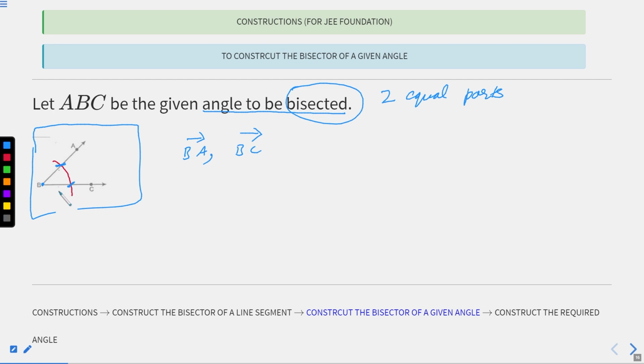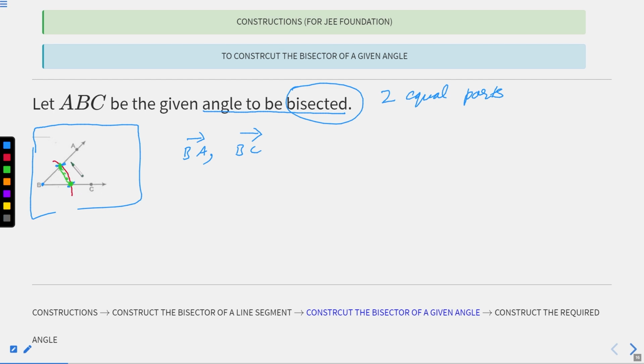After doing this, make another center, say this point. Now our center will be this point, and doing the same using any suitable radius, but it must be half of this length, half of the length between these two intersection points.